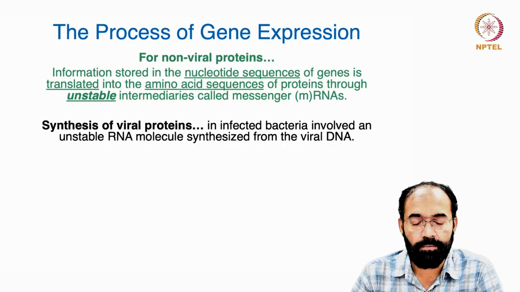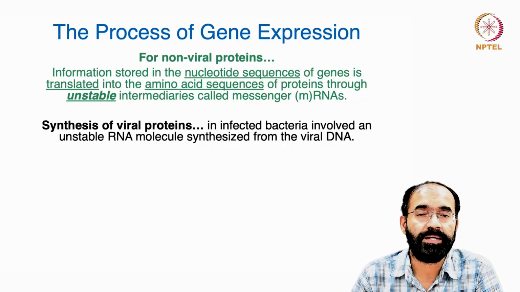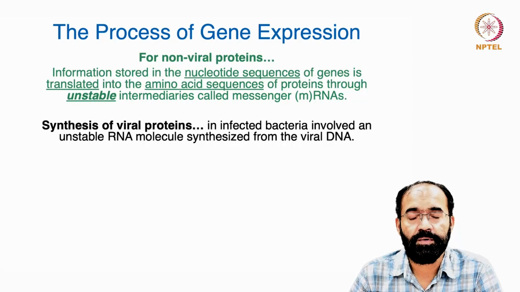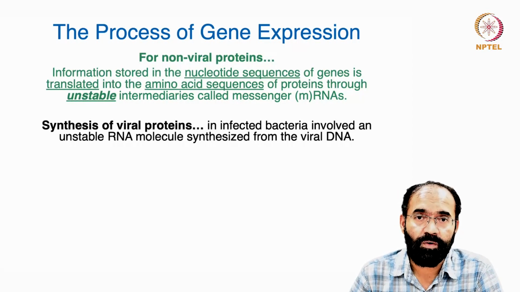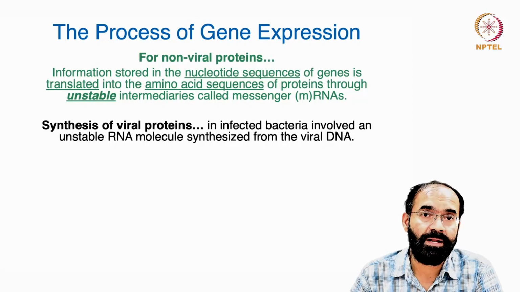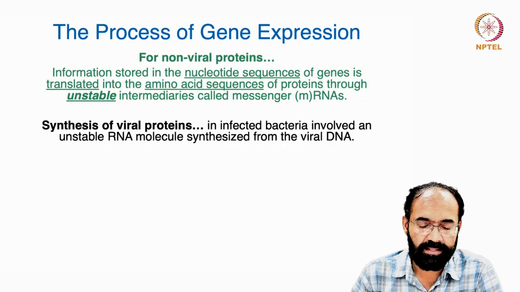Now, synthesis of viral proteins in an infected bacteria. When a bacteria is infected with virus, the bacteria eventually dies. So we refer to this as bacteriolysis, and the viruses that infect bacteria are called bacteriophage. One good example is the lambda phage. Many T4, T7, many different types of phages are there.